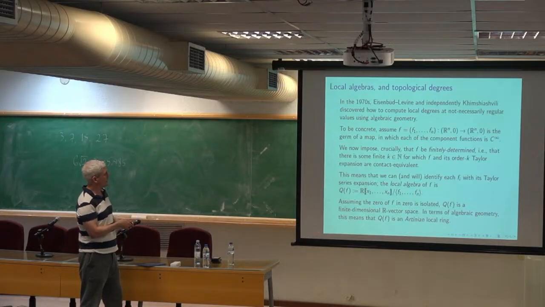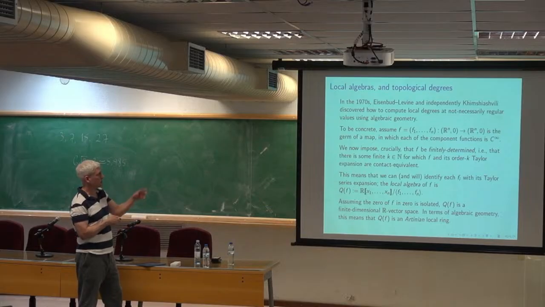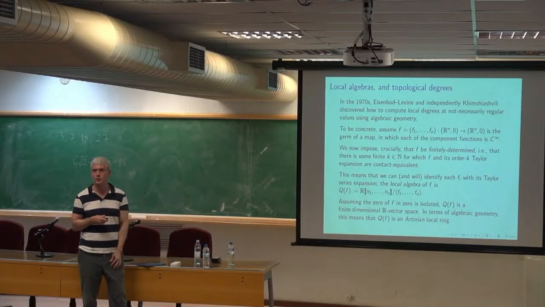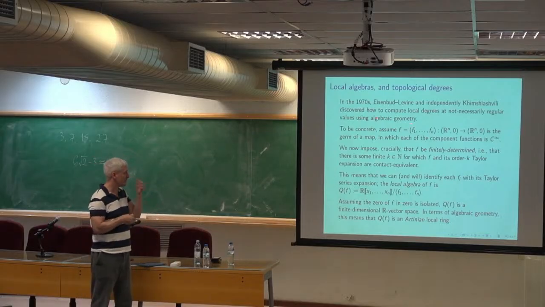Okay, but in the 1970s, Eisenbud-Levine and also Khimshiashvili on his own were interested in the problem of how to compute local degrees at not necessarily regular values. And what they found is that algebraic geometry gave a natural way of resolving this issue.